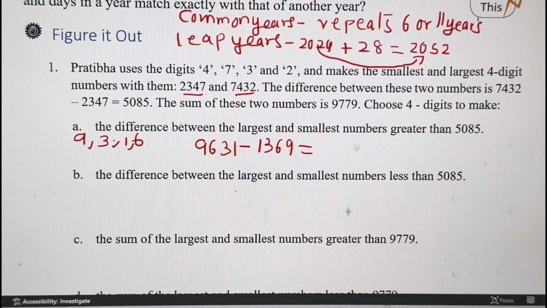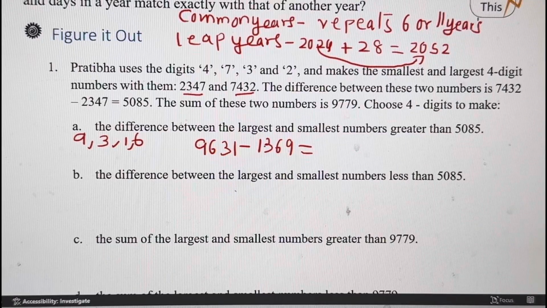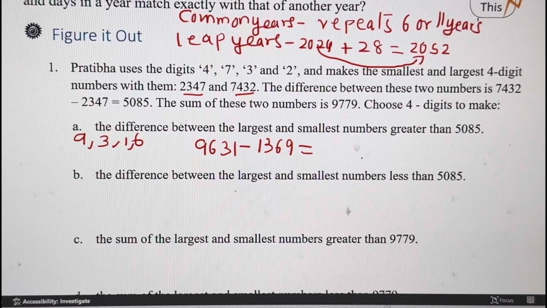Here the largest digit is 9 and the smallest is 1, so you will get a sure-shot answer. Otherwise you may have to do trial and error, because 9 minus 1 is 8, so it will be more than 5000. Here the difference is 8262, which is larger than 5085. That's our first answer, and it's your choice. You can take other digits as well. I have given you one example.